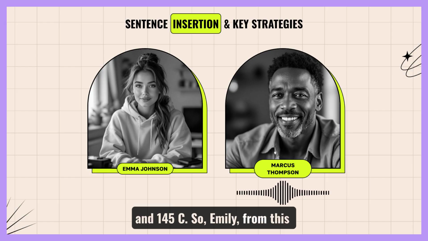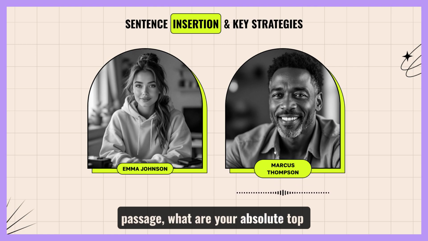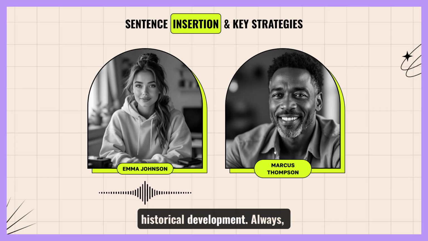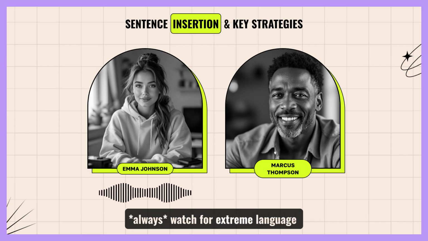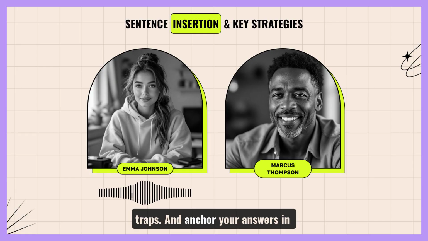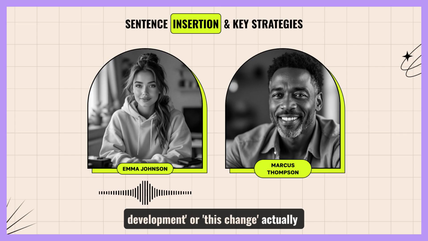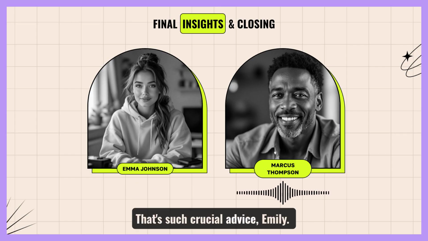So Emily, from this passage, what are your absolute top academic reading strategies? Top strategies. Definitely track historical development. Always watch for extreme language traps. And anchor your answers in specific sentences. Don't over-infer. Oh, and for insertion questions, identify what this development or this change actually refers to. That's such crucial advice, Emily.